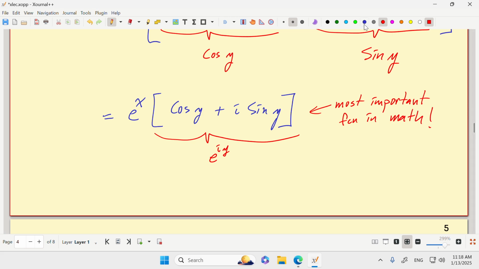And so for us in the beginning here, we're going to define the complex exponential in this way. e to the x plus iy is defined to be real part e to the x cosine y, imaginary part e to the x sine y.